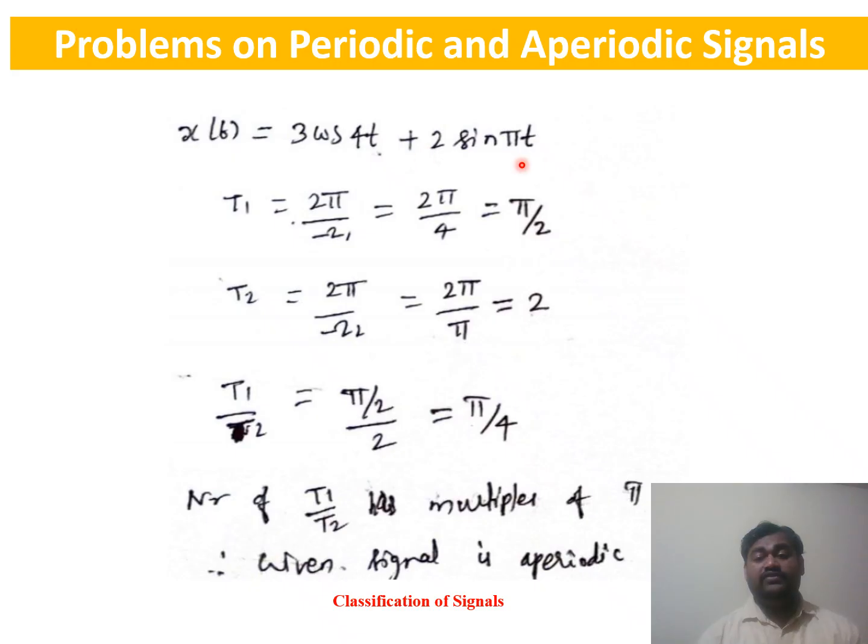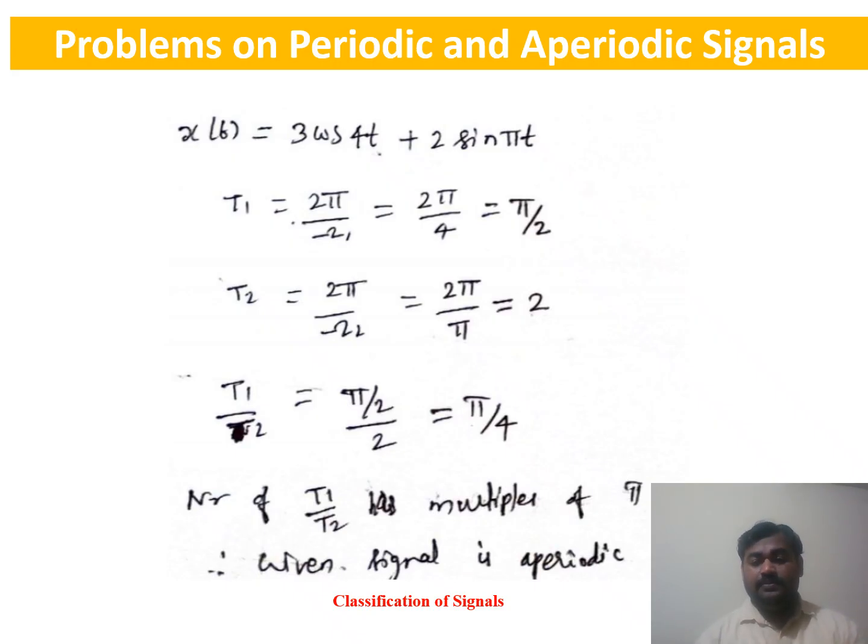But if any one signal has a multiple of pi, we can conclude that the signal is aperiodic. In this case, the first one is 2 pi by 4, the second one 2 pi by pi, you will be getting pi by 2 divided by 2, ratio of t1 by t2, pi by 2 equal to pi by 4. If you look at the ratio, there is a multiple of pi in the numerator. So the given signal is an aperiodic signal.